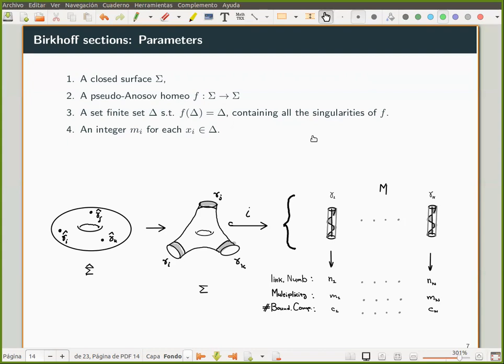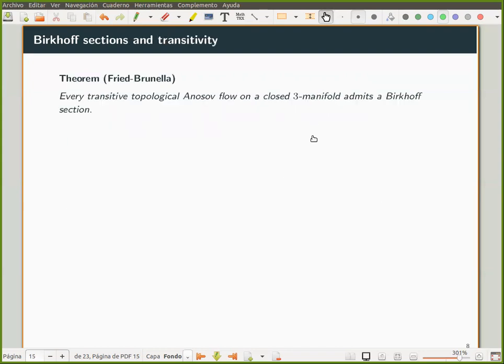Well, let's say that the world of Anosov flows in three manifolds is divided into the transitive and the non-transitive ones. Let's say that a flow is transitive if there exists a dense orbit on the three manifold. And the main connection of Birkhoff sections with Anosov flows is given by the following theorem.